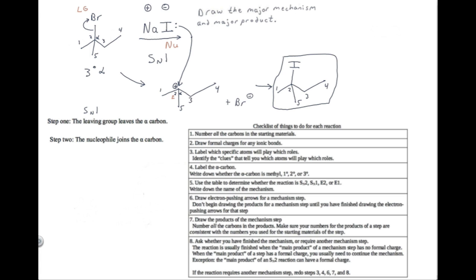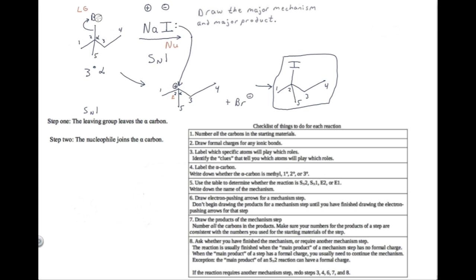For example, I oftentimes see students say, aha, this is an SN1 mechanism, but then they still draw the mechanism as if it were SN2. They show the nucleophile attacking at the same time as the leaving group leaves, so try to avoid that mistake. I think that's a tempting mistake to make because it might feel weird for the leaving group to leave when nothing is pushing it off.